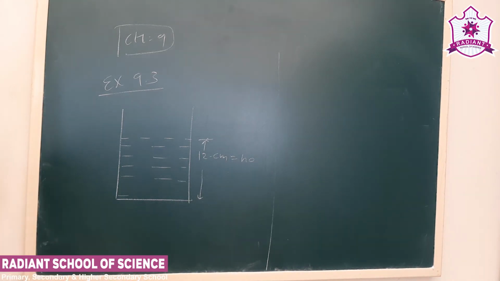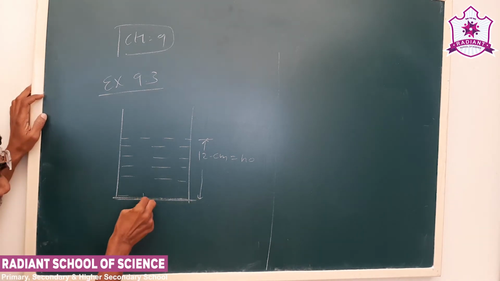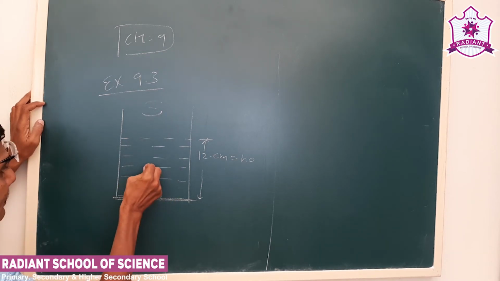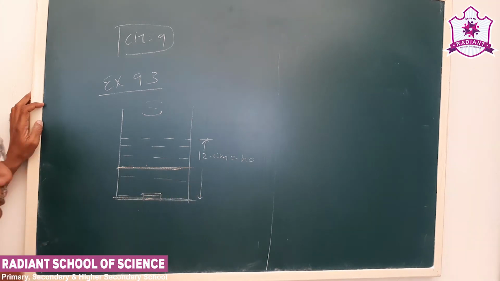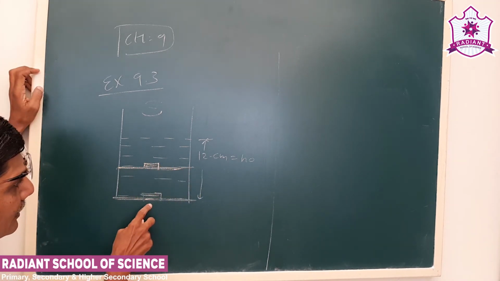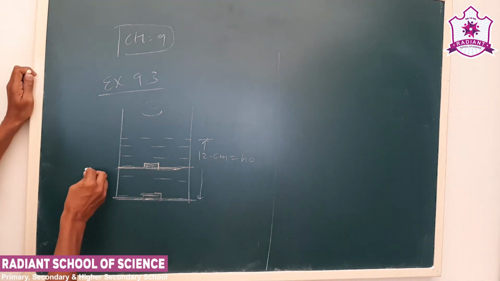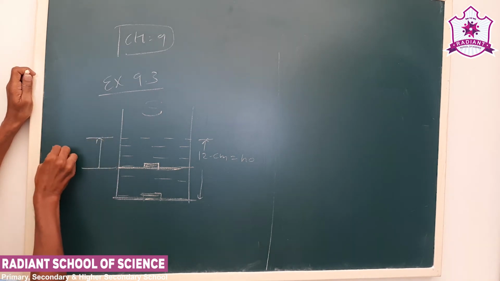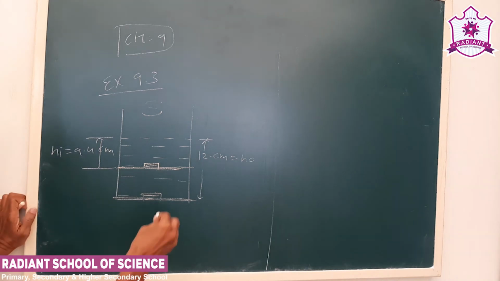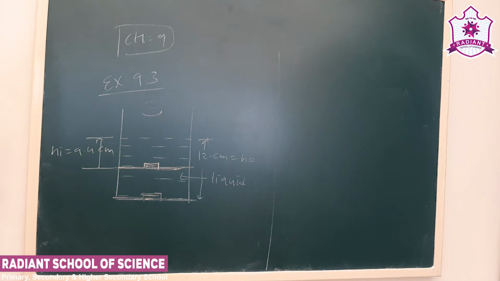Now let us say this is the bottom of the tank, or we can say the object at the bottom of the tank. When viewed from the top, see it appears to be shifted. Now the bottom is shifted due to refraction. Let us say the object placed at 12.5 centimeter depth appears here. See, that height obtained is 9.4 centimeter. Okay, we have to calculate the refractive index of the liquid.